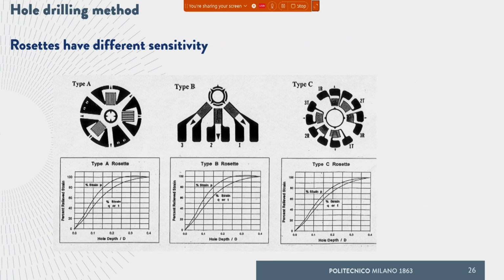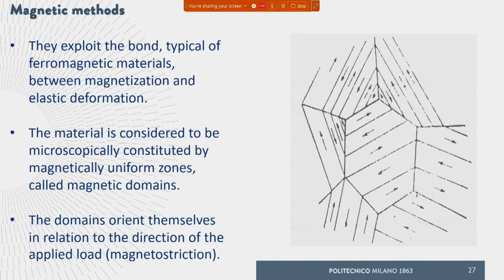These are some of the characteristics of the three types of rosette, A, B, and C. And the method can also be adjusted if you are considering not only elastic relaxation, but stresses in the elastoplastic field, which have a plastic component. But in this case, it is recommended to use a four-strain-gauge rosette, not three but four, for improving the accuracy. And now the third method, the magnetic method.